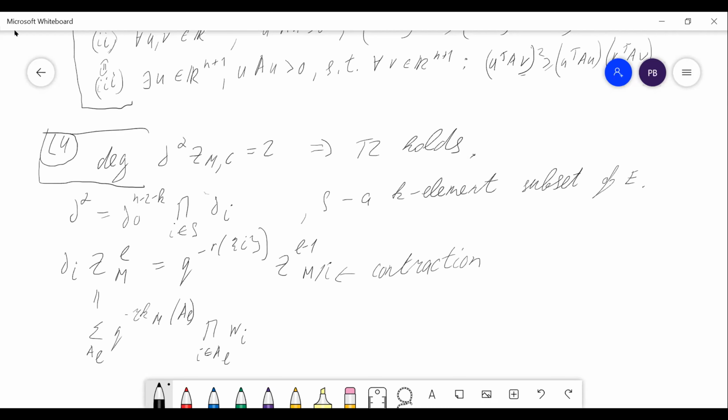No, this is a contraction of M by I. And did I define everything? Oh no, this is me forgetting to write letter K. Now we did.